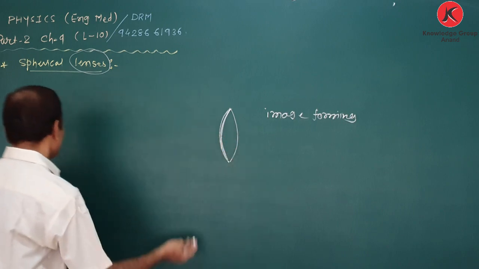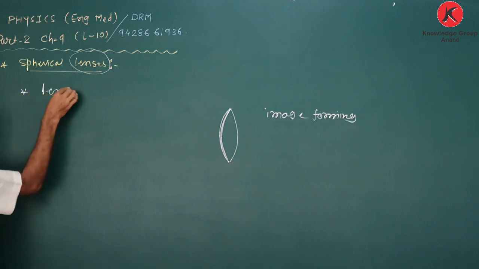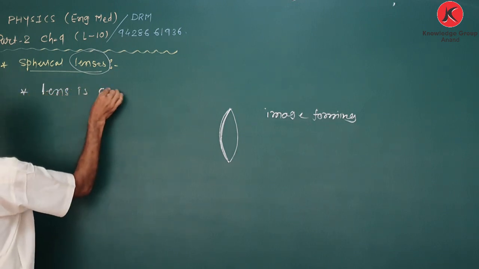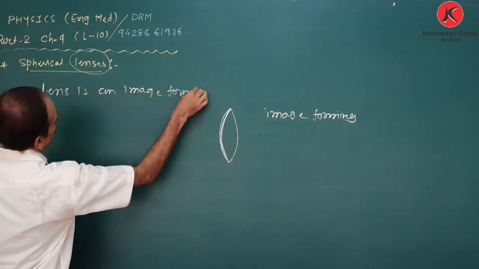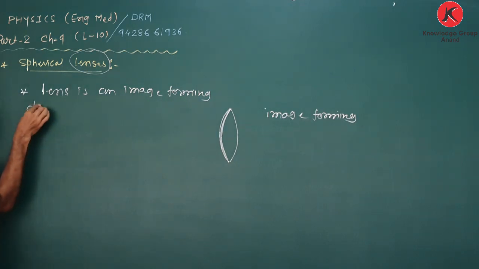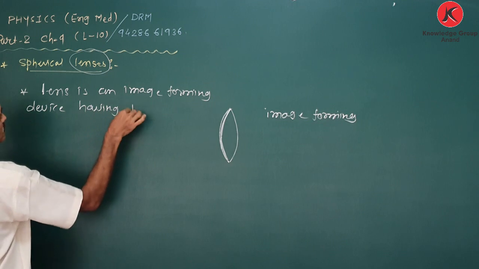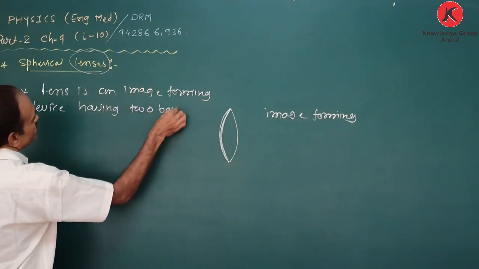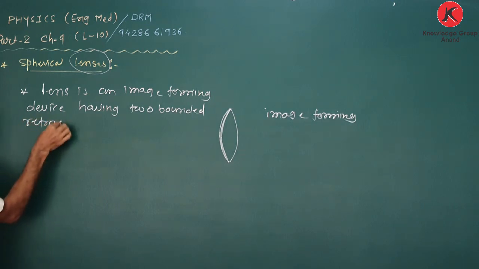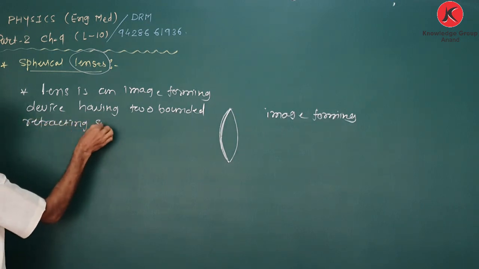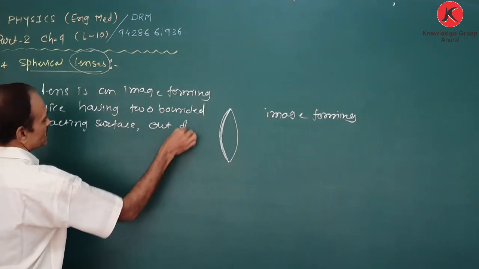First, what is the definition of the lens? A lens is an image forming device having two bounded refracting surfaces.